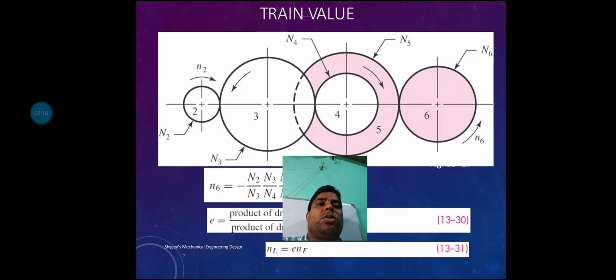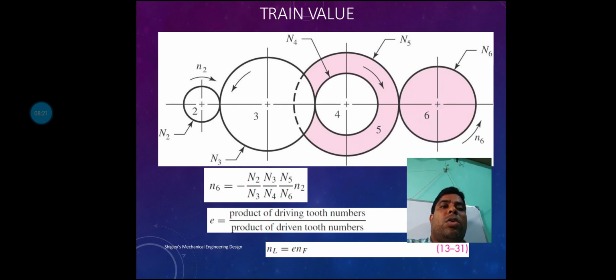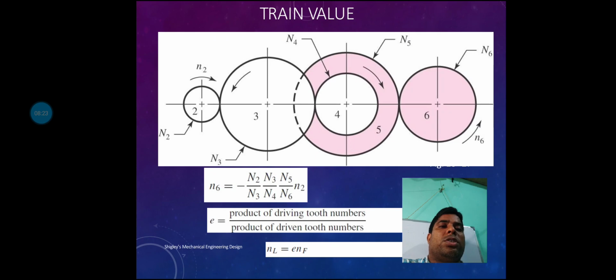So that is actually the train value. See here, a lot of gears are connected in such a way that gear 2, gear 3, gear 4, gear 5, gear 6. So N6 by N2 is equal to the product of the odd-numbered teeth in the upper portion.